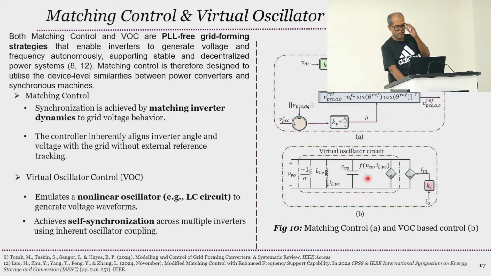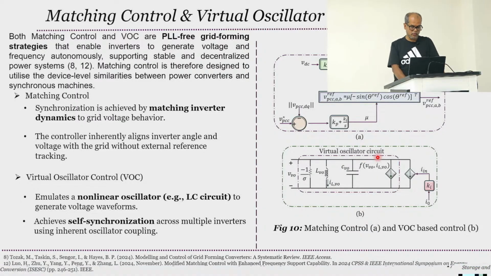And the other one, the voltage oscillator circuit. Here, without using any PLL, it emulates a nonlinear oscillator circuit to generate a voltage waveform. From that oscillator we generate the voltage waveform, and then we apply it across multiple inverters using that inherent oscillator coupling.